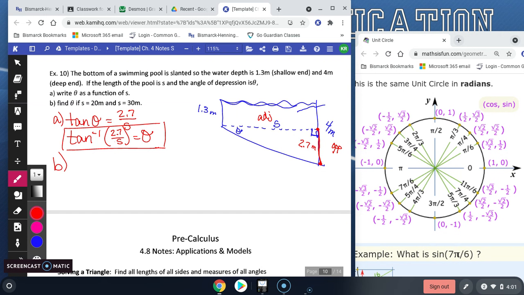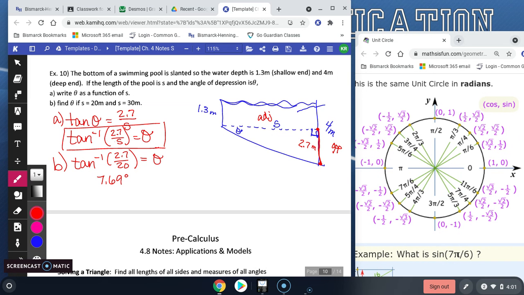Part B. Solve this if S is 20 meters and then S is 30 meters. I'm just going to take this inverse function that we have, and if the length of the pool is 20 meters, I can plug that in, and that will give me an angle of depression of 7.69 degrees.